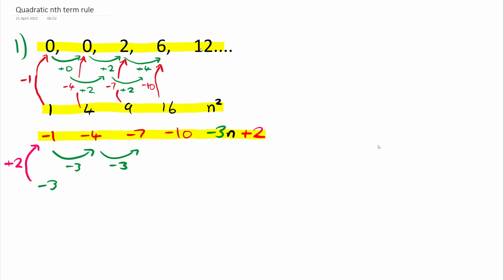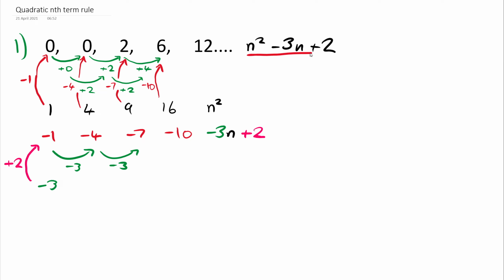Why did I not carry on and do the 12? Well, you know what, 4 terms is enough to give you 5. So, looking at the nth term rule bits we figured out, n squared take 3n plus 2, you combine those and you have the nth term rule of the sequence.